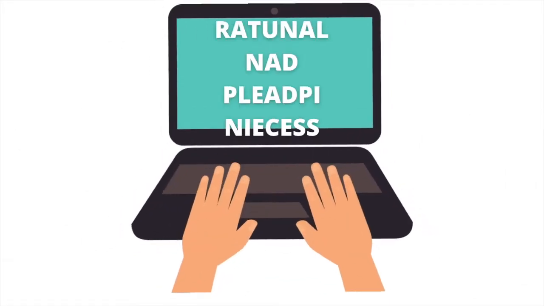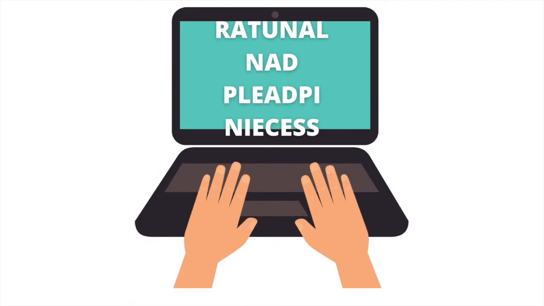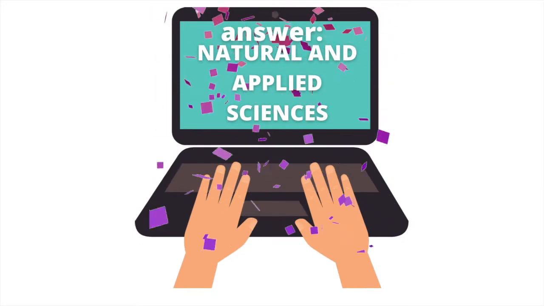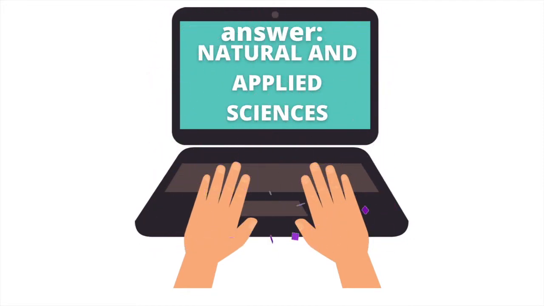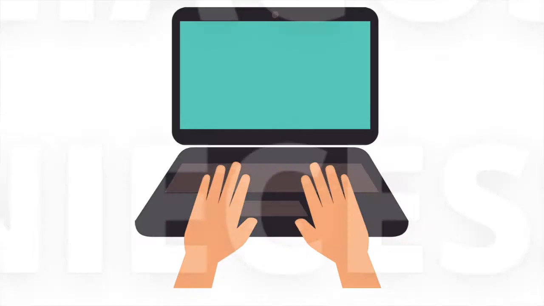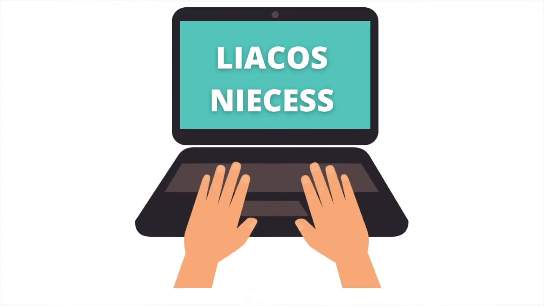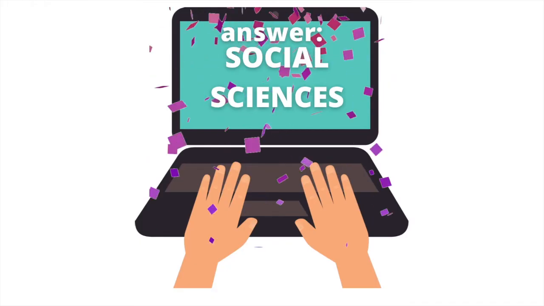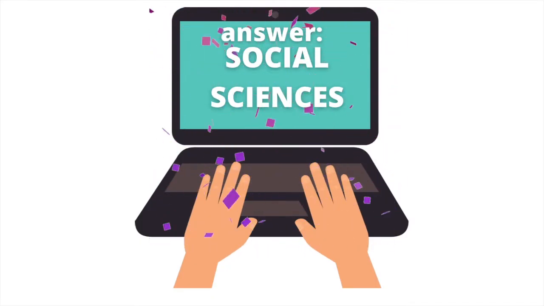So it's 4 words. Can you guess? I'll give you 5 seconds. 5, 4, 3, 2, 1. And the correct answer is natural and applied sciences. And for the last word, we have 2 words. Can you guess it in 5 seconds? 5, 4, 3, 2, 1. Yay! Correct! You got it right. The answer is social sciences.